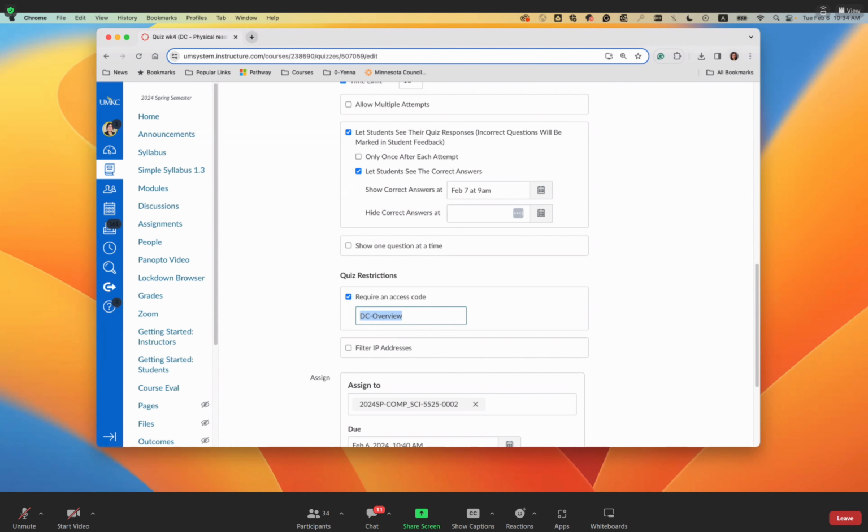So DC hyphen overview, DC capital, overview with a capital O. That's the access code.